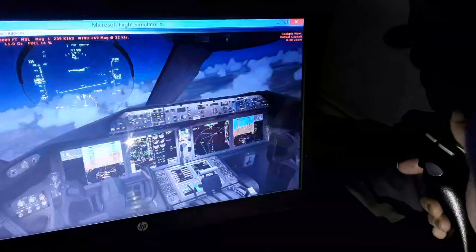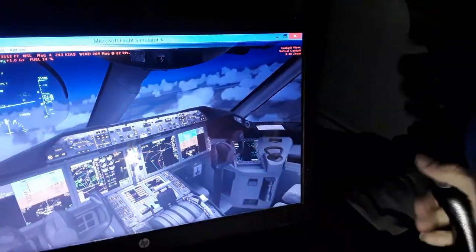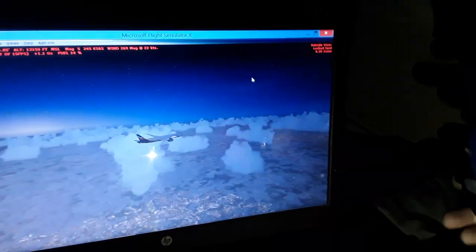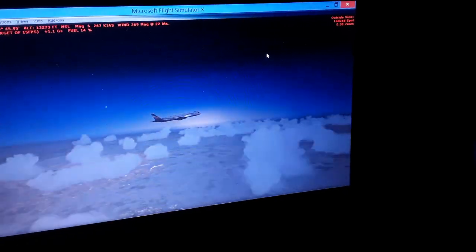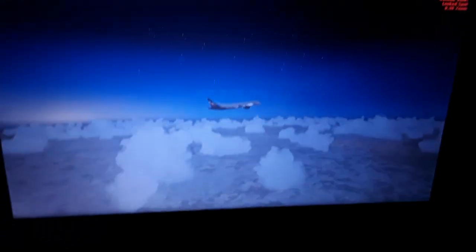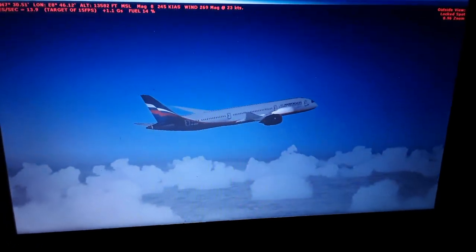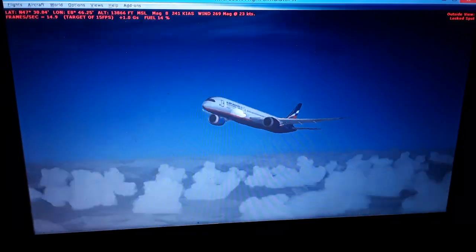So we're gonna make a small part of the flight again and turn back shorter. So you can see the view here. Boeing 787, beautiful view.